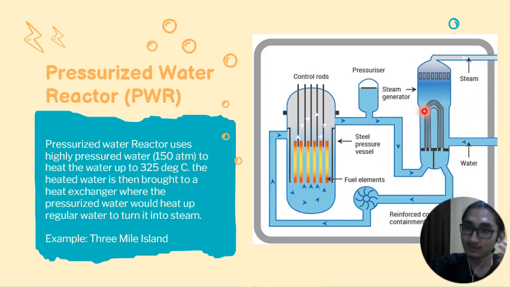After it exchanges the heat with the water, it goes back to the pump, which sends it back to the reactor chamber for the process to repeat again. An example of this kind of reactor is the Three Mile Island reactor in the United States.